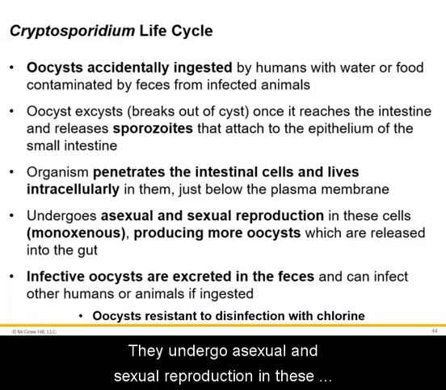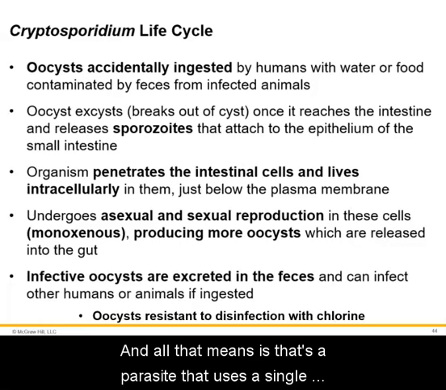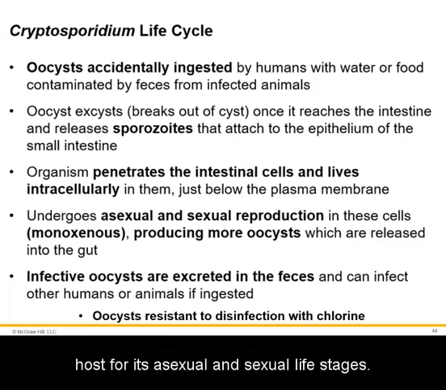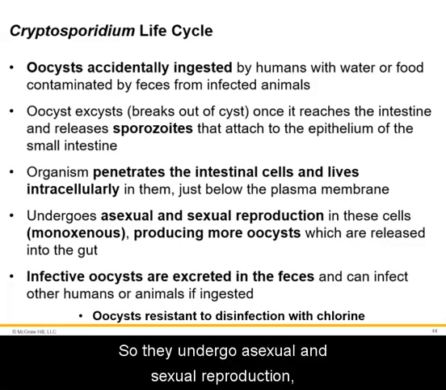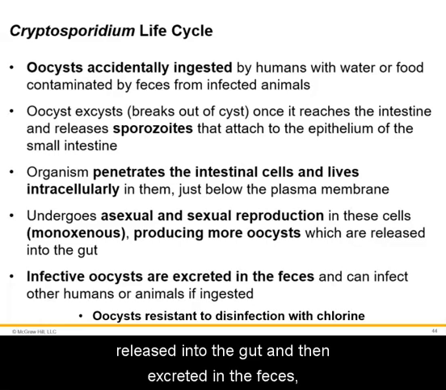They undergo asexual and sexual reproduction in these intestinal cells. This means that they're monoxenous, and all that means is that's a parasite that uses a single host for its asexual and sexual life stages. So they undergo asexual and sexual reproduction, producing more oocysts, which are then going to be released into the gut and then excreted in the feces.